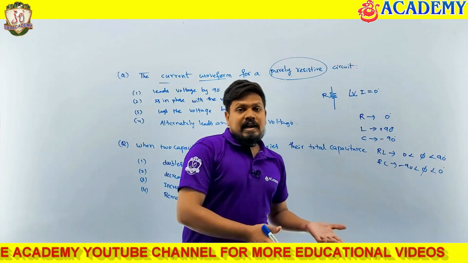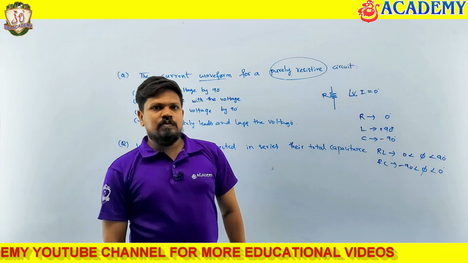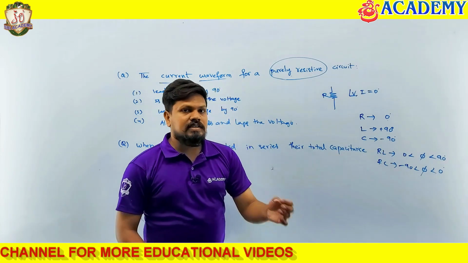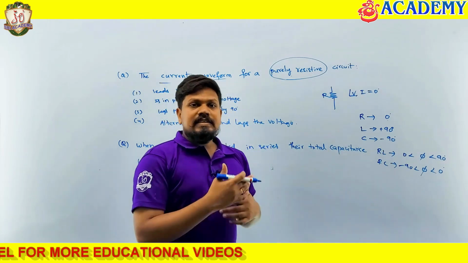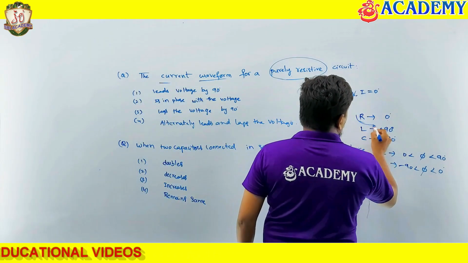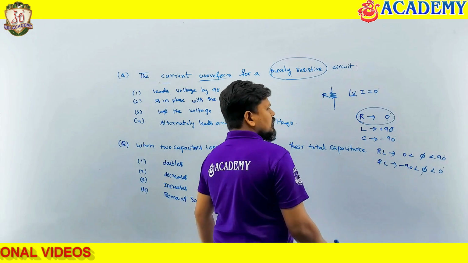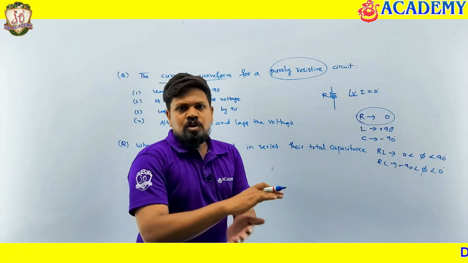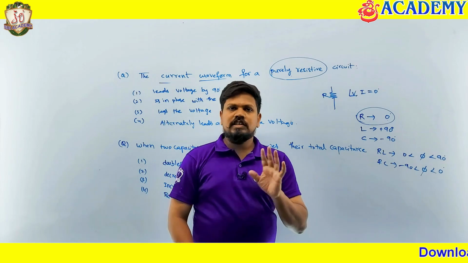That means whether current lags or leads, that also we have to understand. Sometimes they will ask whether current lags or leads, or is in phase or not. Whenever a purely resistive load is there, current is in phase with voltage, 0 degree, meaning no angle difference between voltage and current.